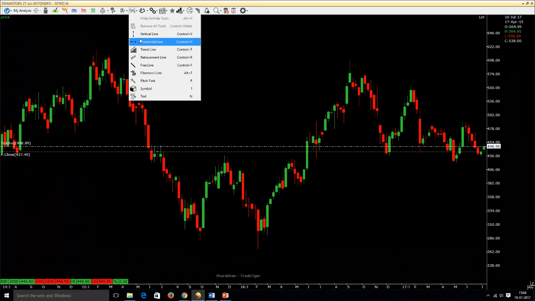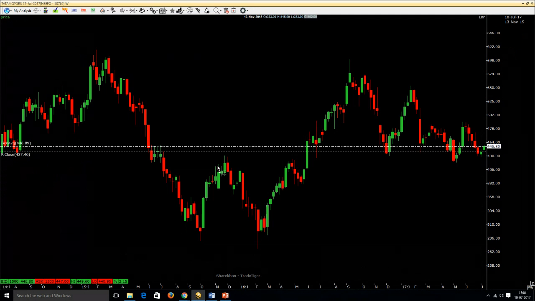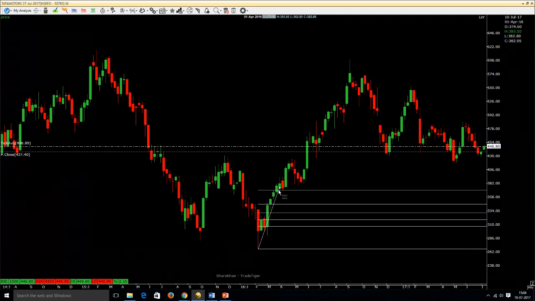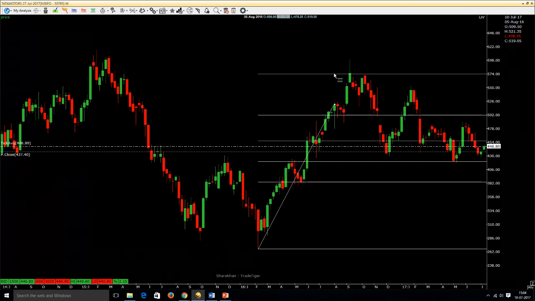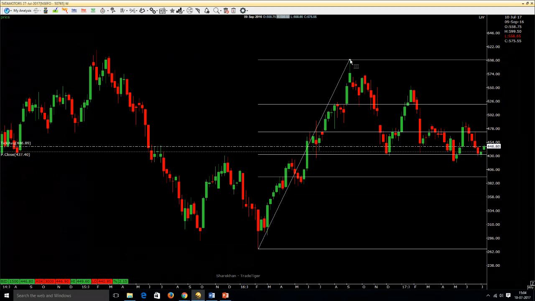So I go to the tools, click on the retracement. Now I choose the lowest point on this price chart of Tata Motors, click my mouse button and extend it to the highest closing point of Tata Motors in that interval.